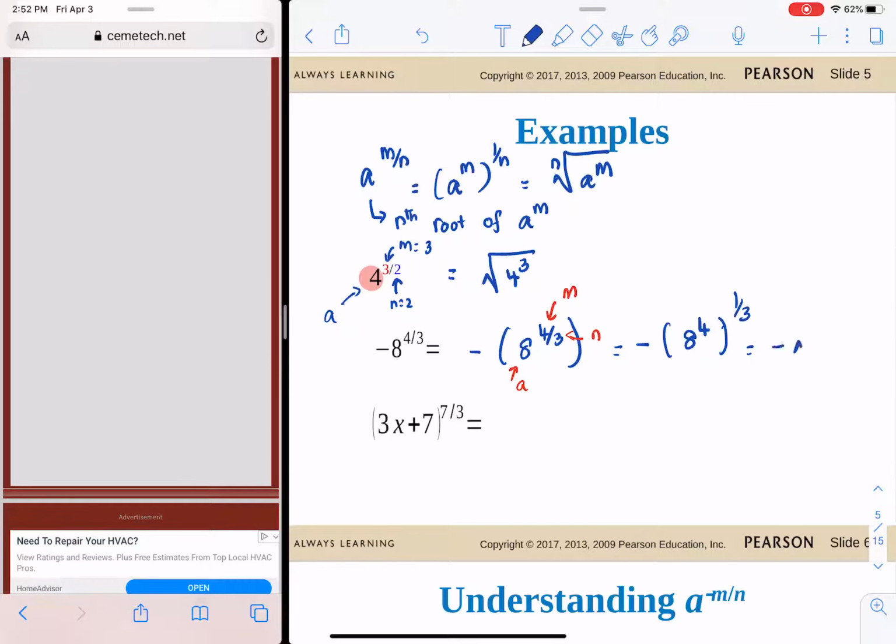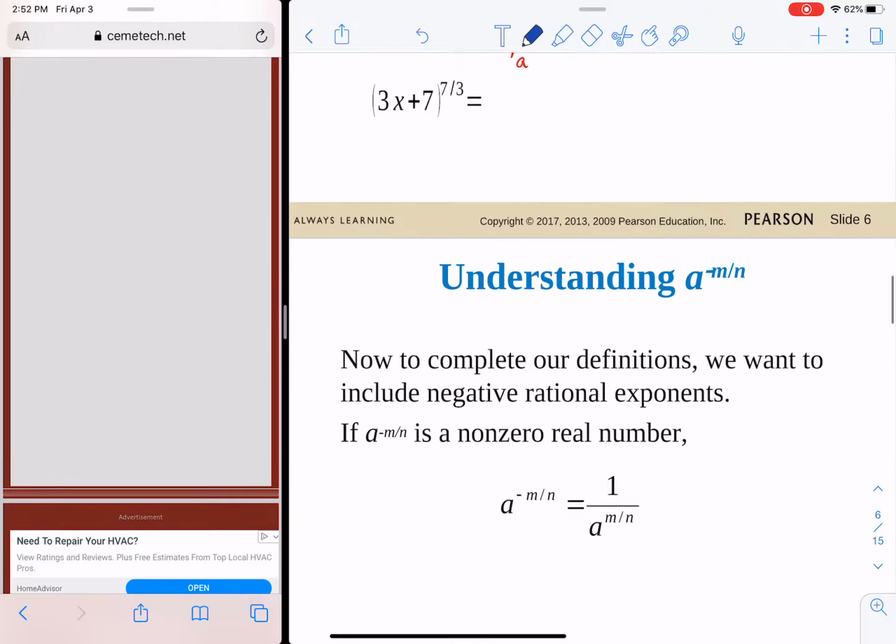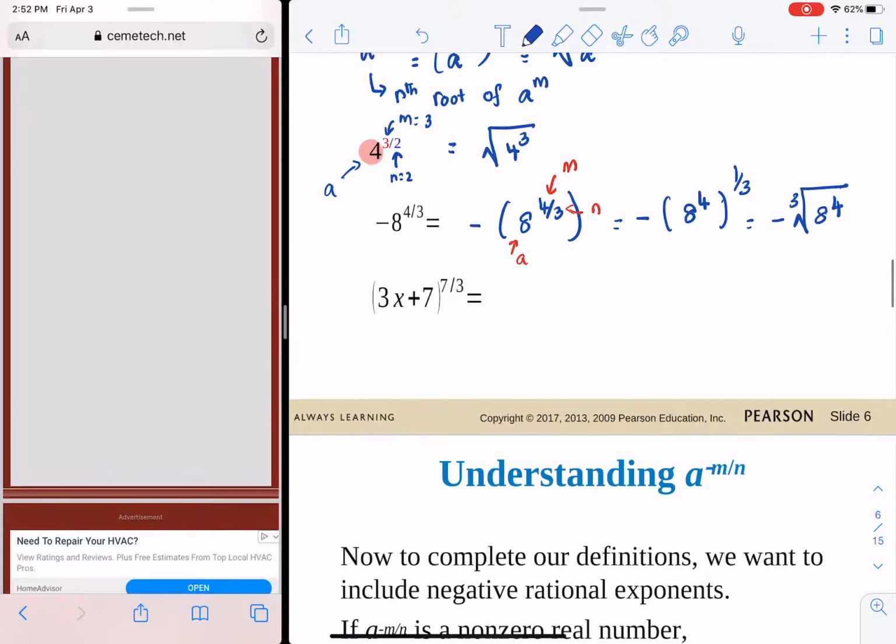Which is simply the third root of 8 raised to the 4th. And the negative is in the front. So in this expression, we have 3x plus 7, that would be a. m is 7, n is 3.